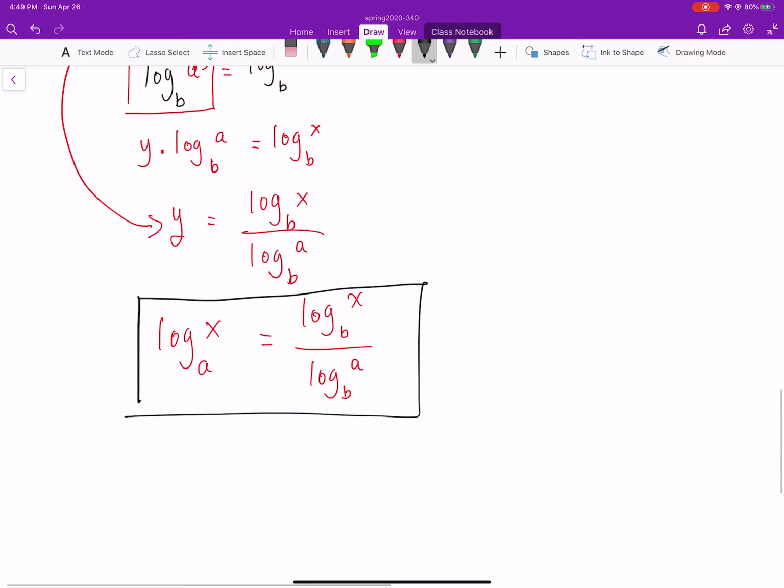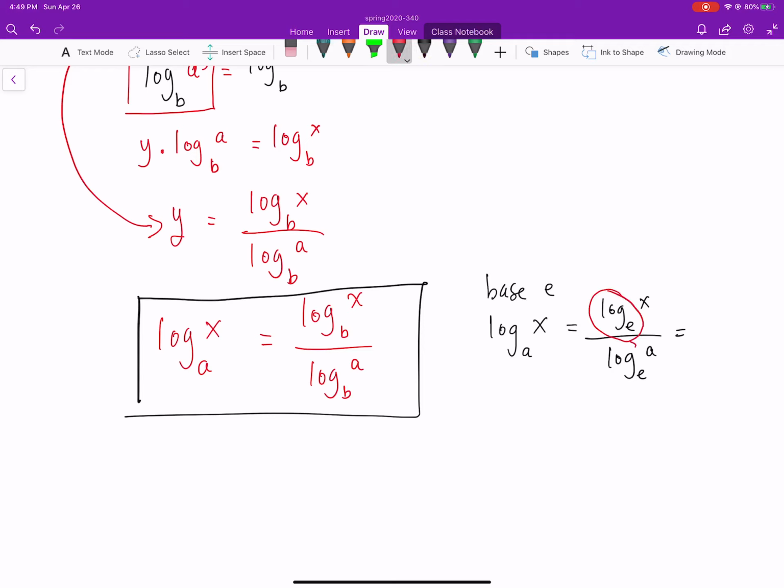So let's look at two classic situations. Base e. So in this case, log a x is going to be equal to log e x over log e a. If you recall, we said log e is a nice cool way of saying natural log. So this comes out to be the same as ln x over ln a.